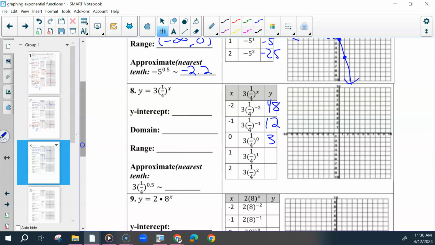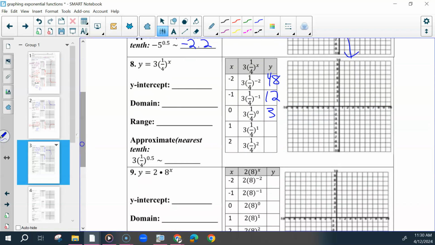We're dividing by 4 each time. How come that one, the 0 power, isn't 1? So 1/4 to the 0 is 1, but then when I multiply it by 3, it becomes 3. Oh, okay. So the y-intercept is 0, 3. But 3 times 1/4 to the first power is 3/4.